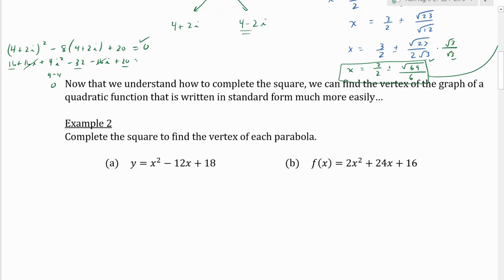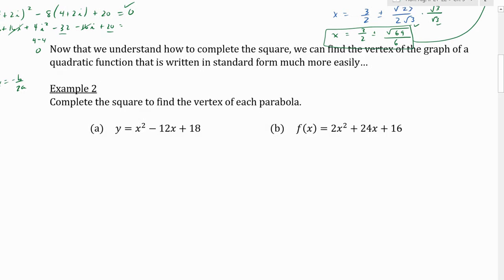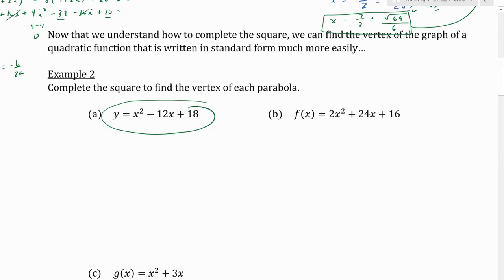All right. Now, remember I told you that it was weird for me to have to do the x equals negative b over 2a to find the vertex of a parabola? Yeah, that was weird because when people know how to complete a square, there's zero reason to do this. Here's just a parabola, a quadratic function written in standard form. Up until today, if you want to know its vertex, we need to do this.